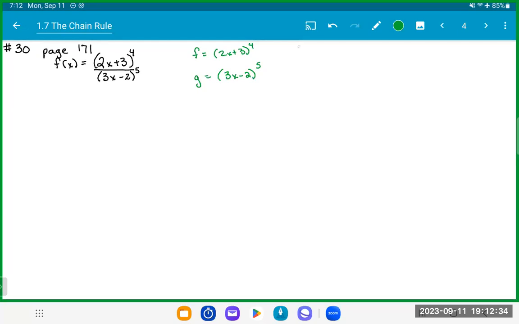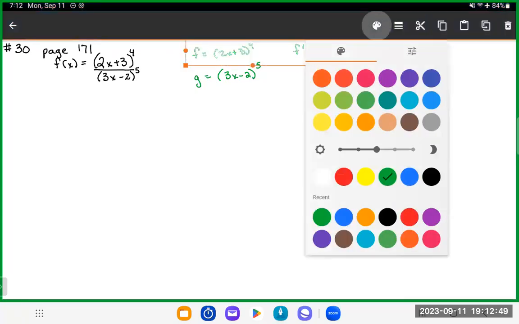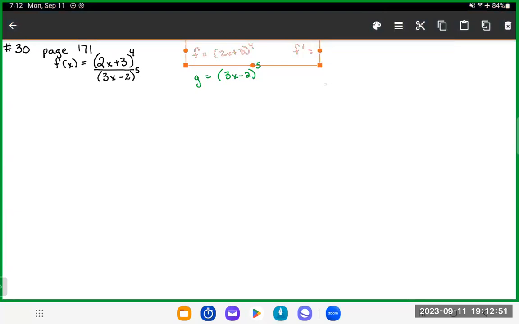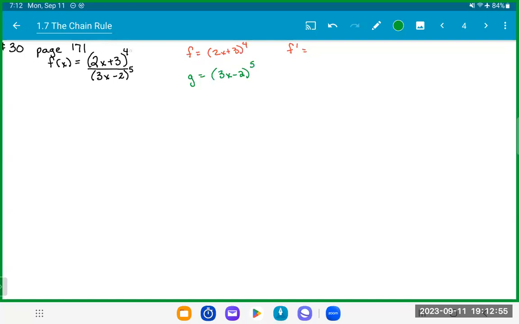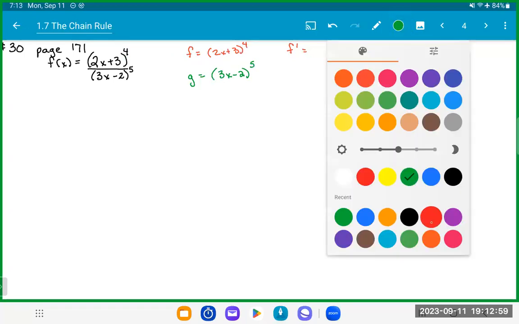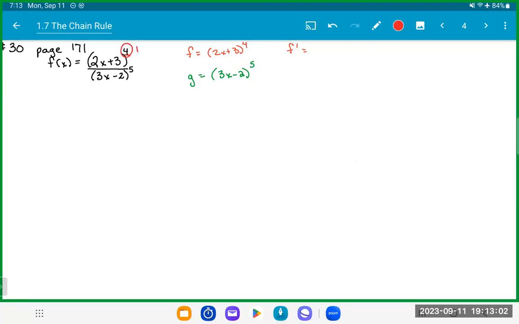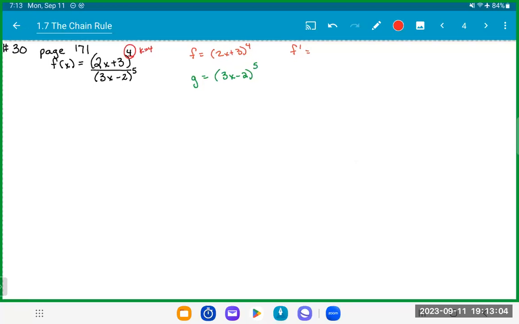Okay. So my f prime then, using my extended power rule. So I'm going to do two colors. Sorry. Oops. Go to orange. So here my k equals 4.